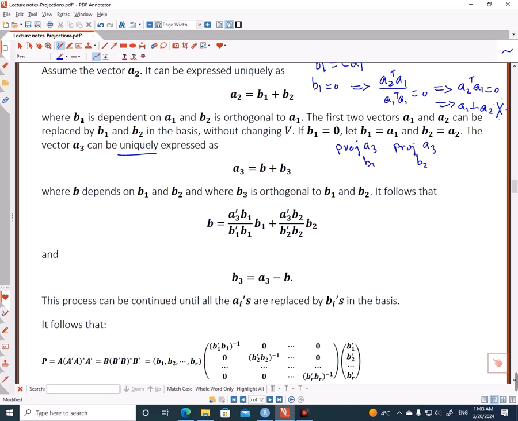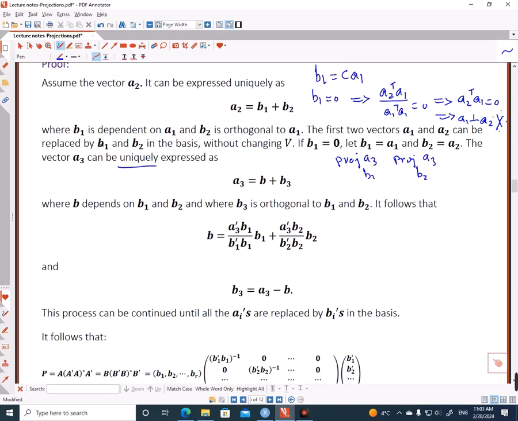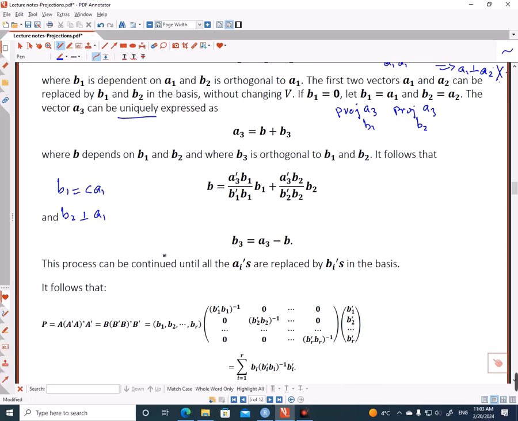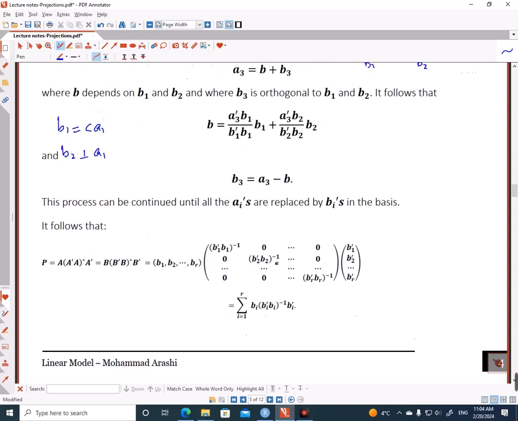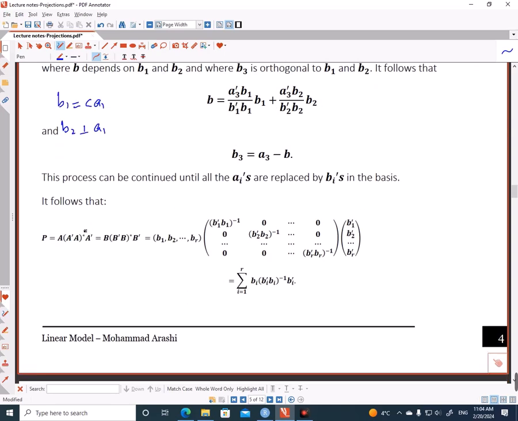Remember that when b1 is given by c a1 and b2 is orthogonal to a1, it means that b1 and b2 are orthogonal to each other. And it also happens for b1, b2, and b3. So the proof of the theorem is done.